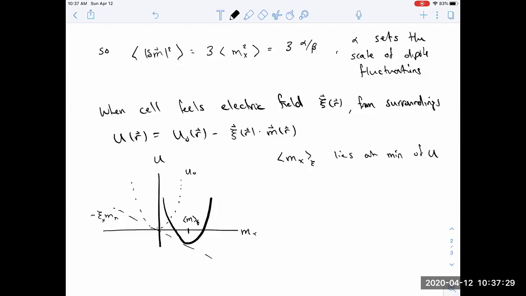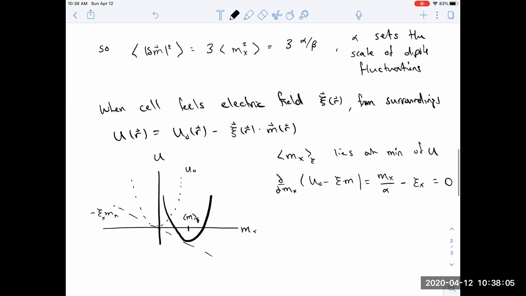If it lies at the minimum, we can compute what that average is by taking a derivative. So if we took a derivative with respect to mx of u naught minus that field dipole interaction, setting that equal to 0 will give us the value of that minimum. First derivative, well, that u naught was a quadratic function with scale alpha, so we get an mx over alpha. Dot product of the field and the dipole picks out just the x component of the field.